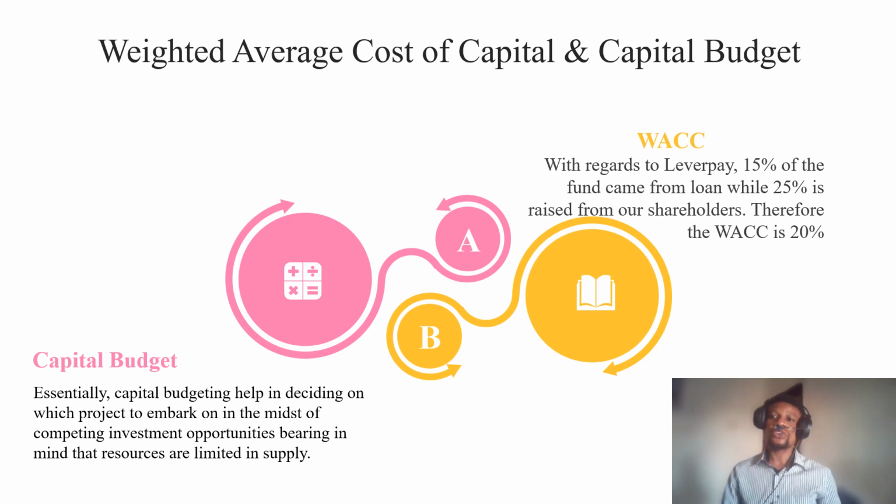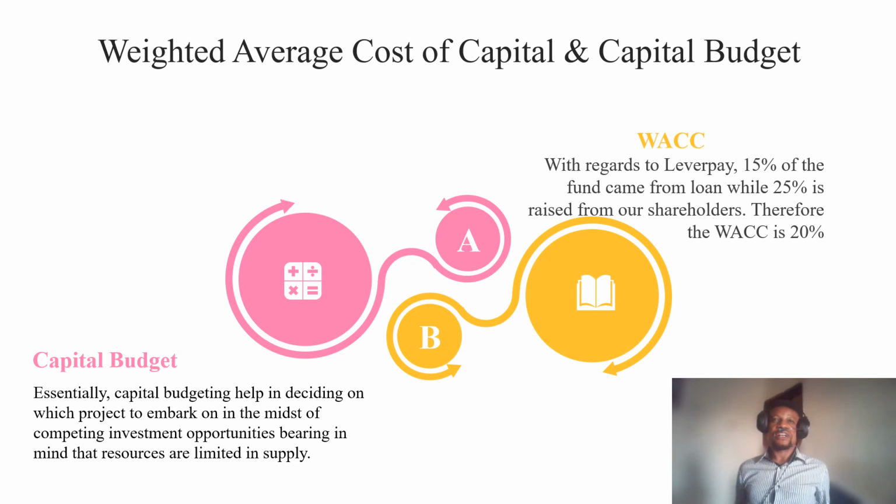What this does is that it describes the amount of returns that lenders and shareholders are expecting to receive back from whatever resources they are putting into a project. So for example, lenders will be interested in knowing how much interest they will earn on the capital they push into the project.